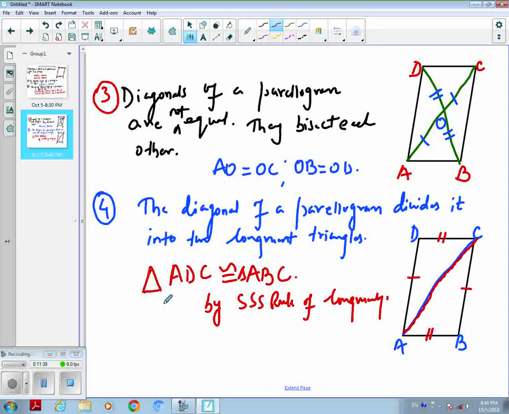To perform anything in quadrilaterals, just remember you have to know the 4 rules of congruency.